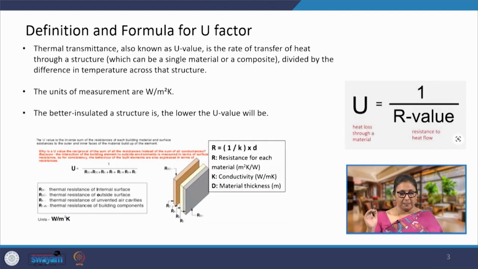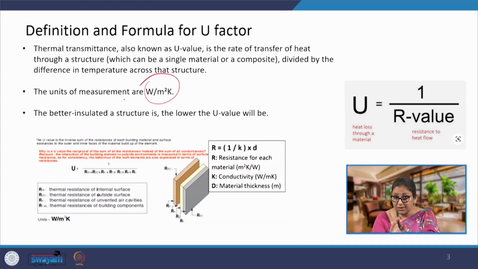So, U factor, we have clearly understood, is the overall thermal transmittance, which is the rate of transfer of heat through the material over a given period of time and area. The units we have already seen.